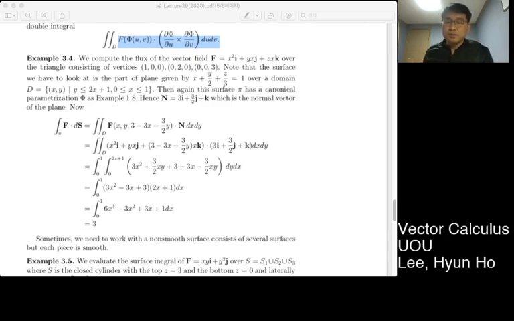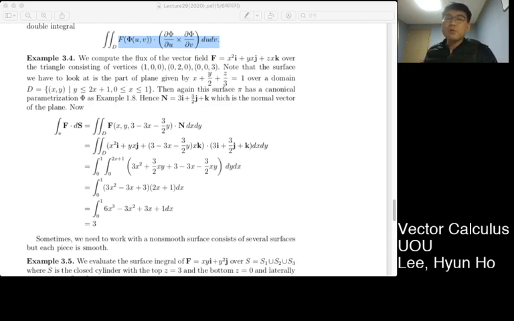Again, the normal vector is given by minus f sub x i minus f sub y j plus k. Our f(x, y) is 3 minus 3x minus 3 over 2 y, so f sub x is minus 3 and f sub y is minus 3 over 2. So the outgoing normal vector in this case is 3i plus 3 over 2 j plus k.